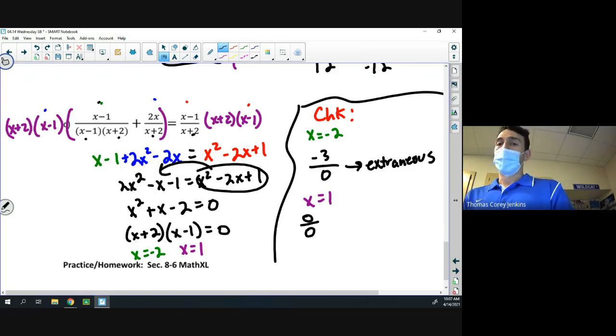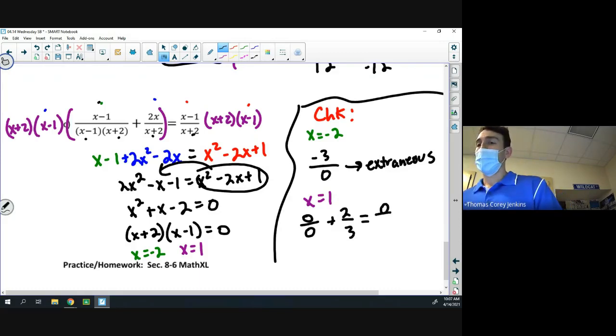So plugging in 1, we'd have plus 2 times 1 is 2 over 1 plus 2 is 3. So 0 plus 2/3, and then we plug it in on the other side, we'd get 1 minus 1 is 0 over 1 plus 2 is 3. So is that true? 0 plus 2/3 equals 0? No, that's not true.